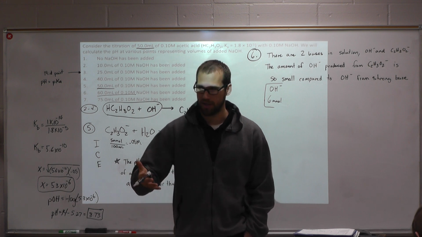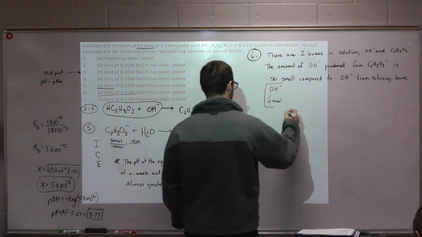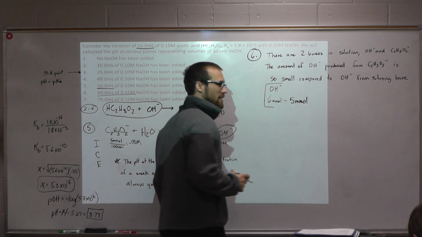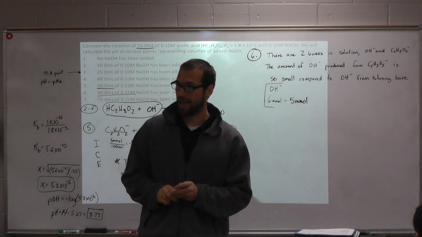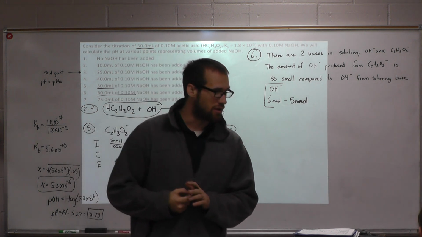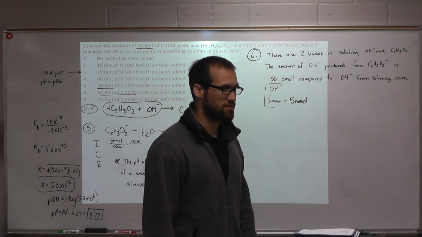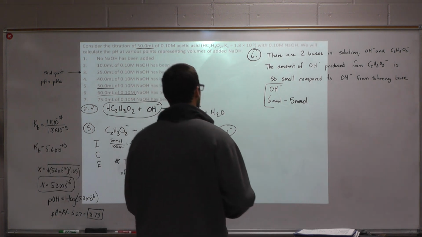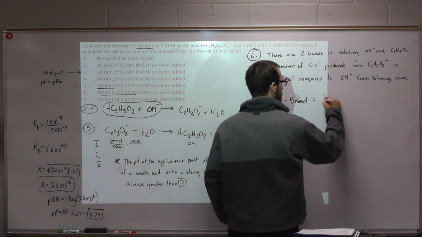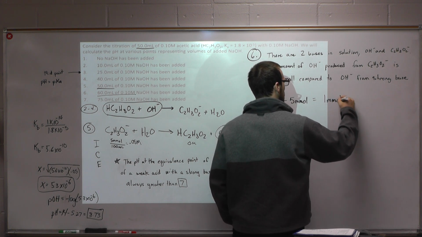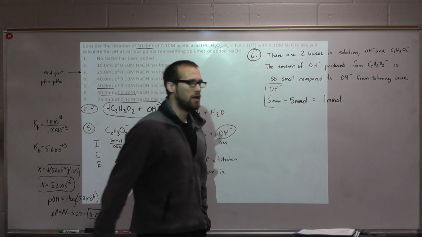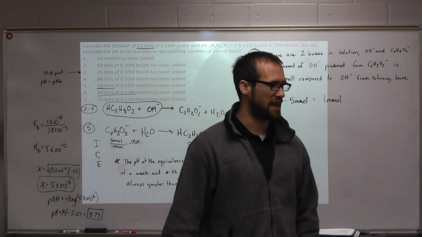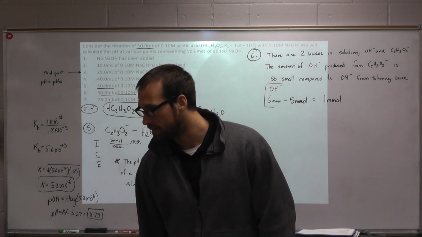Well, how much is all of it? 5. Right? I don't have any more weak acid. All I have is 5 millimoles of weak acid that I can react with it. So I should have how many millimoles of OH minus that doesn't get reacted? 1. Okay? 1 millimole of OH minus that doesn't get reacted because the acid's completely gone.